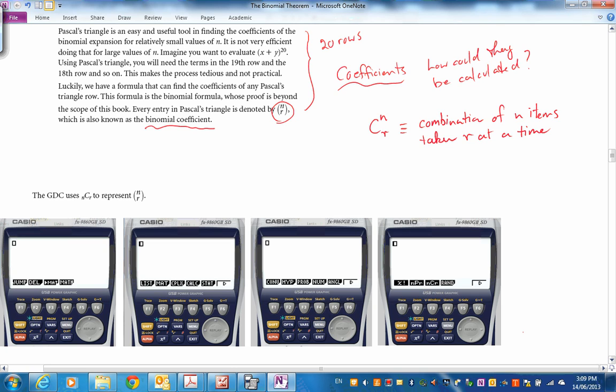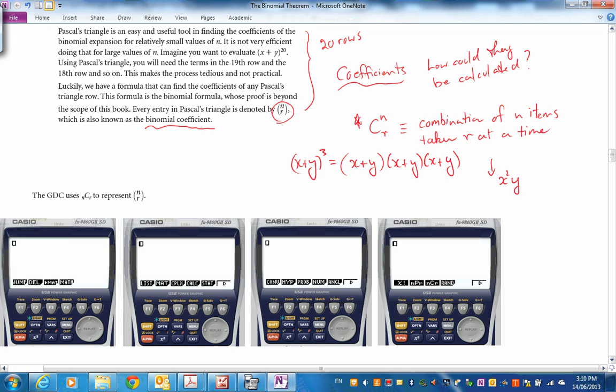Okay, so understanding combinatorial theory is beyond this course, but I think it's important that you realise that's where it comes from. And what we're looking at, really speaking, is if we had, let's stay with x plus y, if we had x plus y by x plus y by x plus y, let's do those three, that's x plus y cubed, isn't it? If we did that, when we're trying to work out a particular term, let's say we're working out the x squared y term, how many would we have?